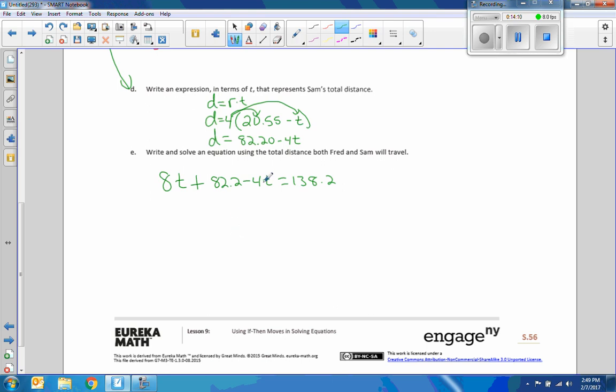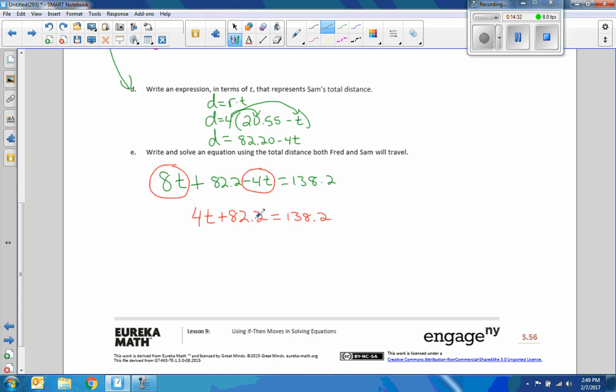Now I just need to simplify this, and I'm trying to find out what t is. So the first thing I'm going to do is combine like terms. I always want to make sure I have this simplified down on one side. I have 8t minus 4t, which is 4t, plus 82.2 equals 138.2.